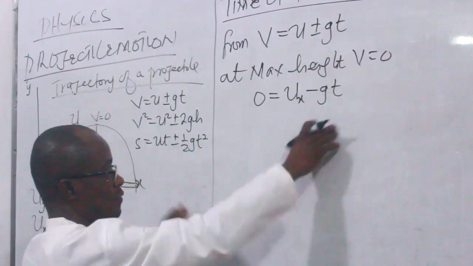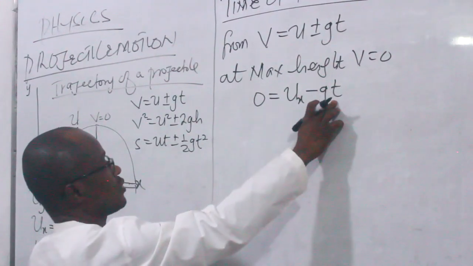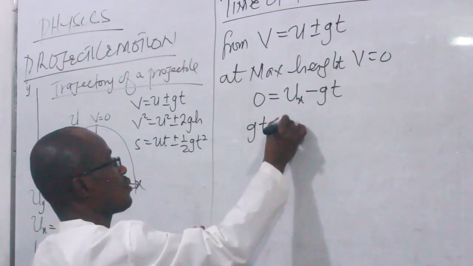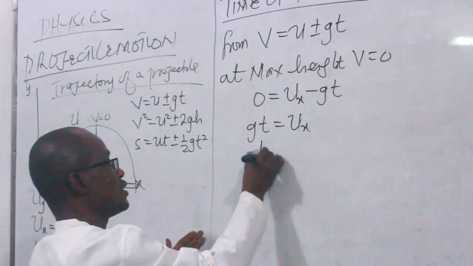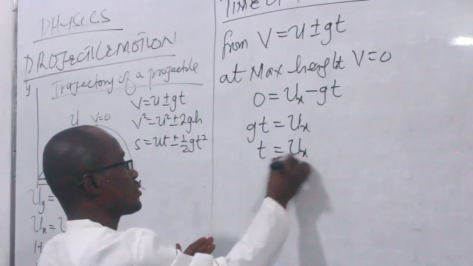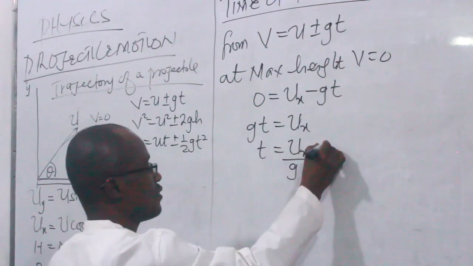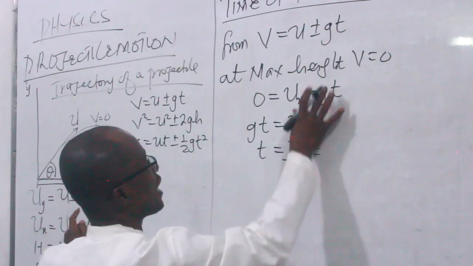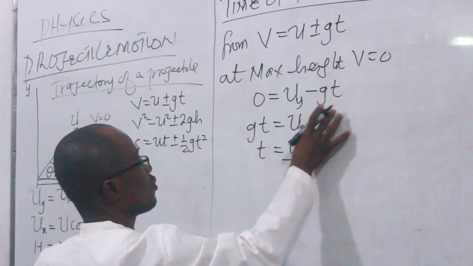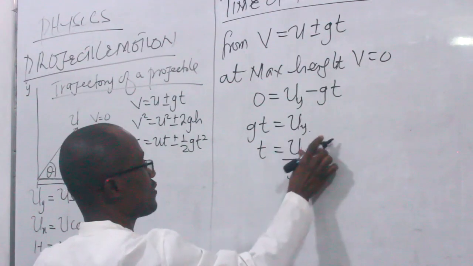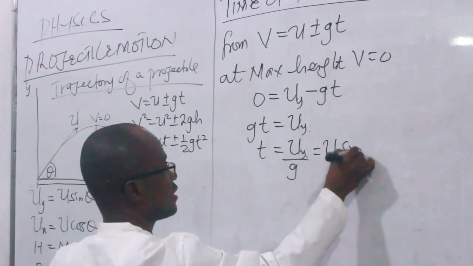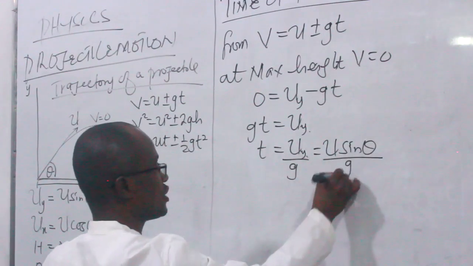So if you now resolve this in such a way that we can solve for the value of t, we have gt equals uy. Then t would be equal to uy over g, where uy is moving against the gravity. uy is given by u sine theta, so t is u sine theta over g.